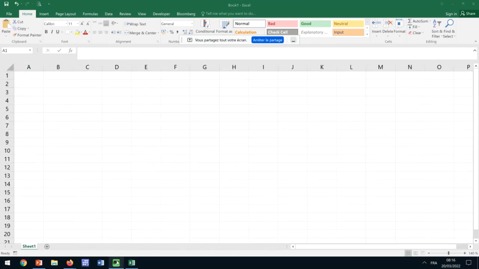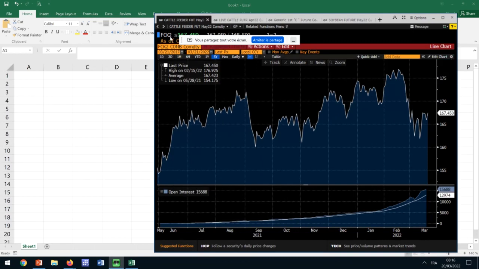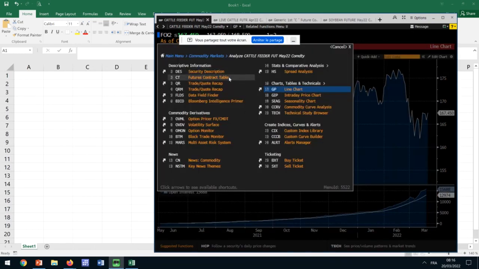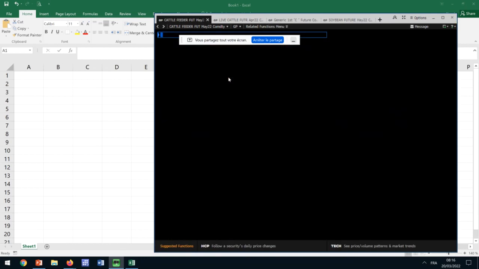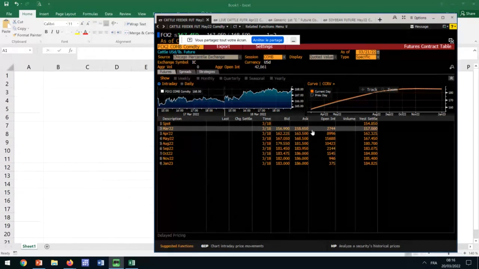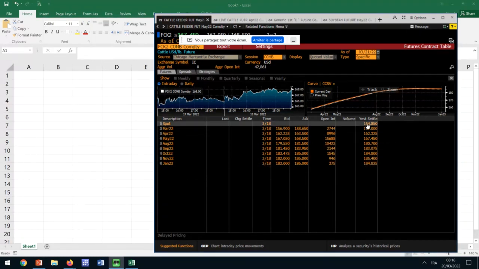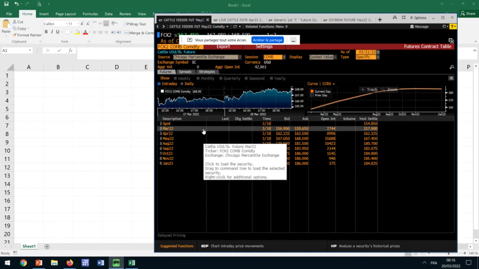Here we go. So we said we need an input of feeder cattle. Let's go to our price table. Let's suppose that's the spot price. Why not, let's do it with the spot price for the moment.